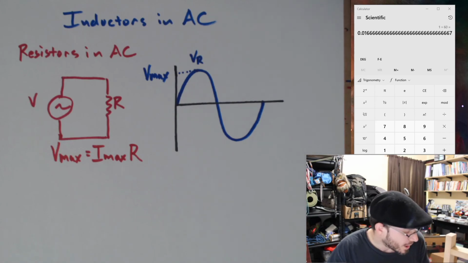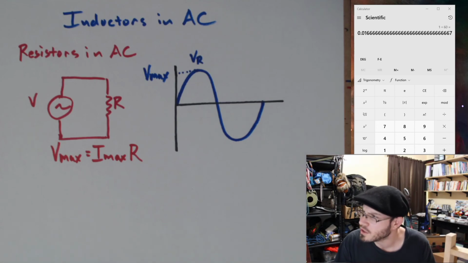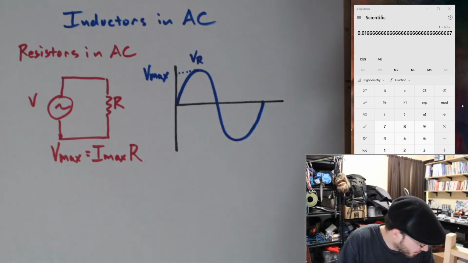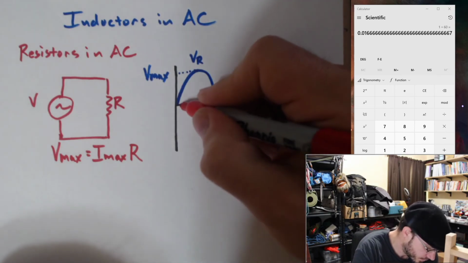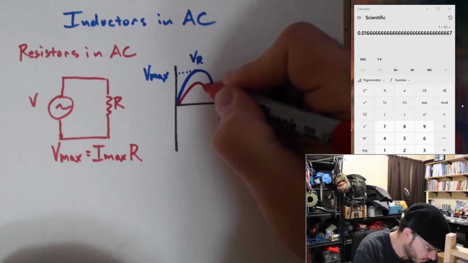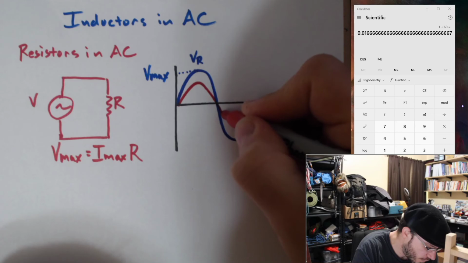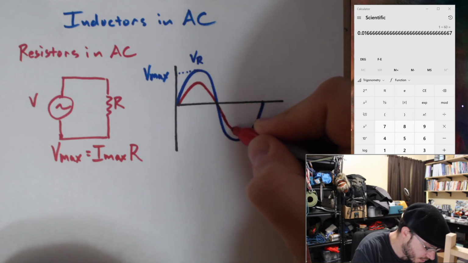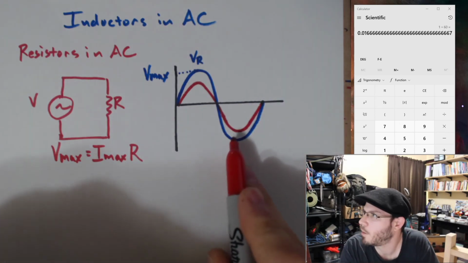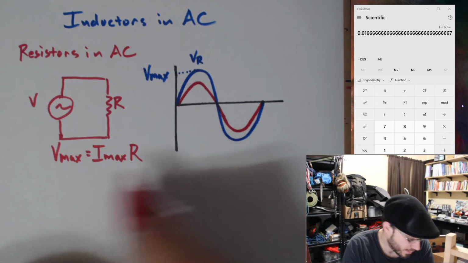Now, if I go ahead and plot what the current looks like in relationship to the applied voltage, I'll use red for my current. Depending on the value of the resistance, that's going to determine our magnitude of the current, right?